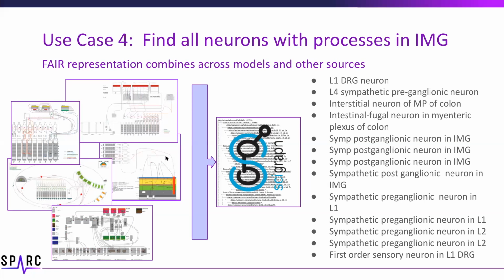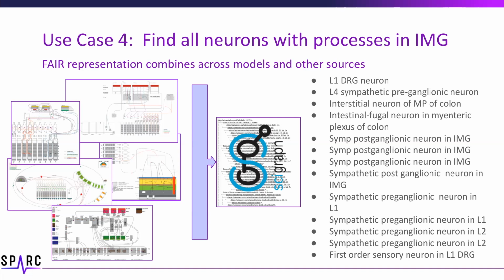So anytime the IMG appears in the model, it appears under the same identifier. So it doesn't matter that in one model it's called the inferior mesenteric ganglia, and in another model it is called the IMG, because it's mapped to the same identifier. The computer knows that it can actually put that information together.